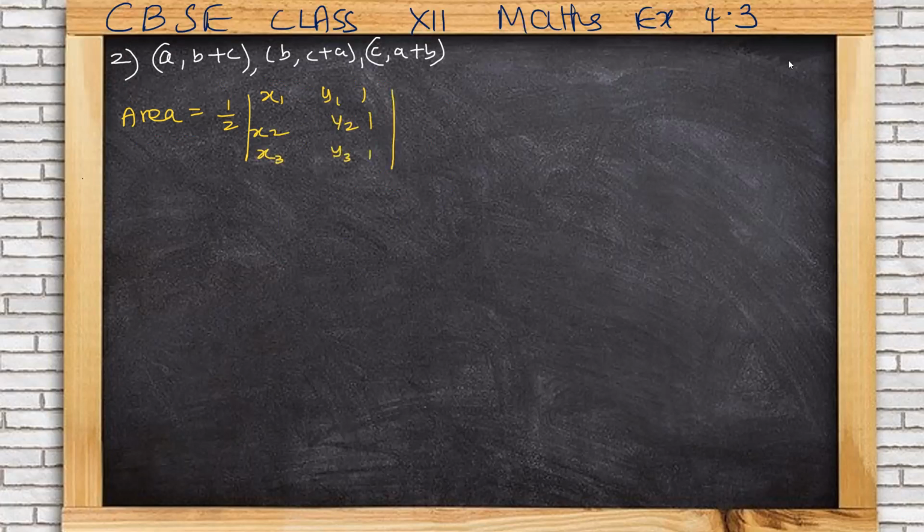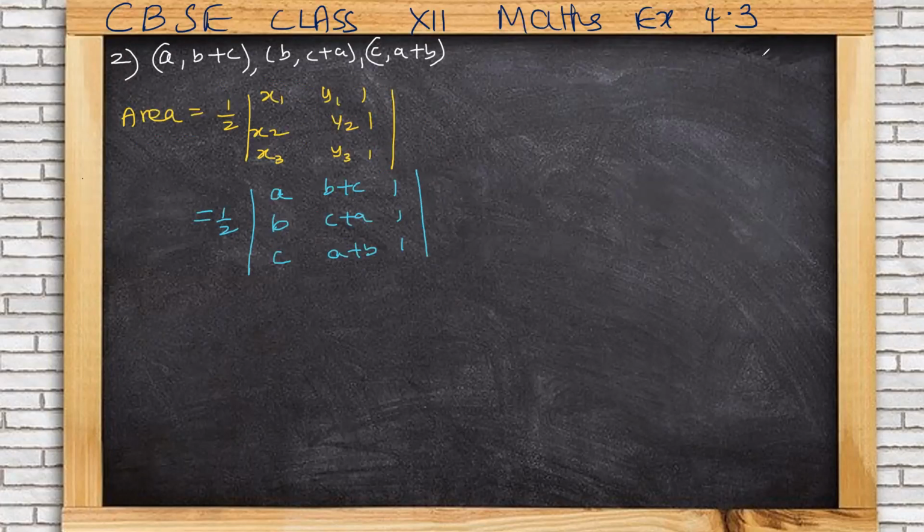And on substituting, we get half into, in place of x1, y1, it is A, B plus C, and in place of x2, y2, it is B, C plus A, and in place of x3, y3, it is C, A plus B. We can expand along any row or column, that's up to you.